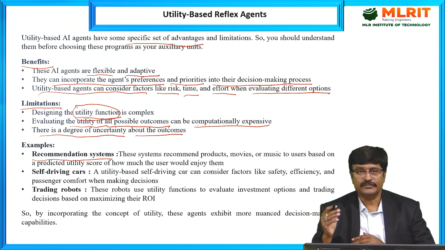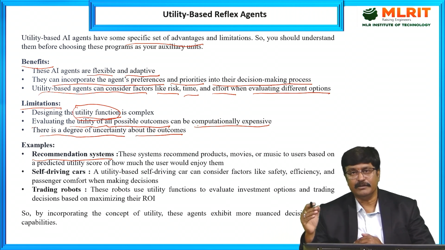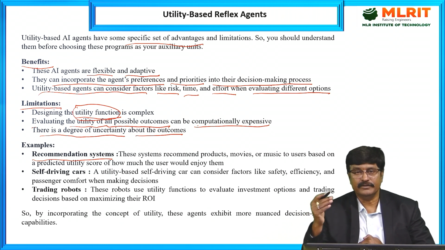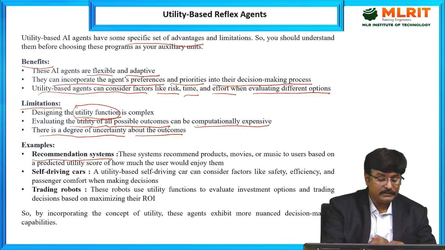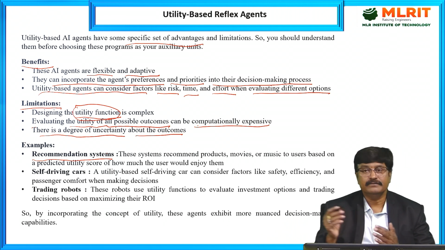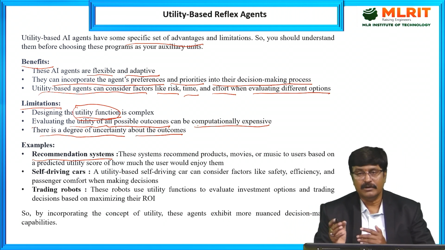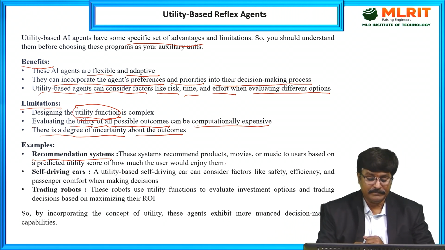Sentiment analysis, how they are feeling about the products or the movies. Based on that, it gives a ranking or numbering, and recommends whether this product or movie is good or bad, based on user ratings.